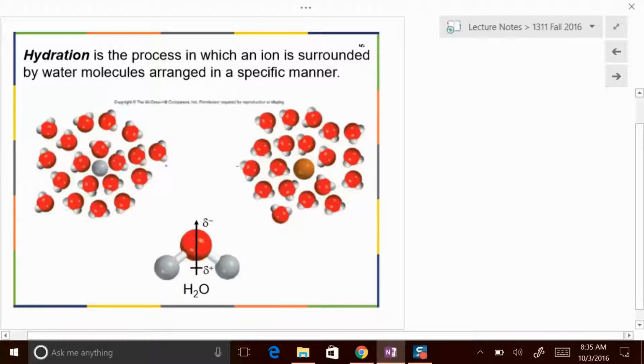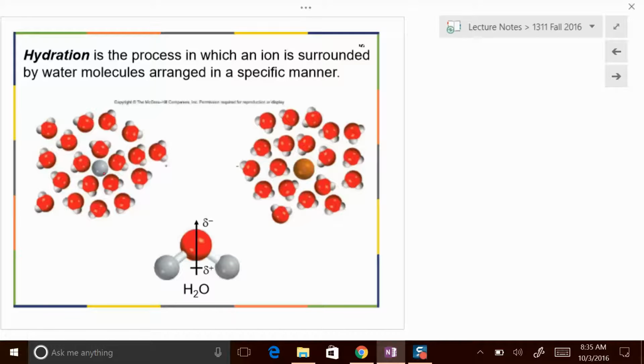So here, hydration is a process in which an ion is surrounded by water molecules. So we can see, well, let me ask you guys. Which ion, the cation or the anion, are those? The gray one is what? Cat or an. Does it have a positive charge or a negative charge? That one has a positive charge, right? Why? Water has a bipolar charge.